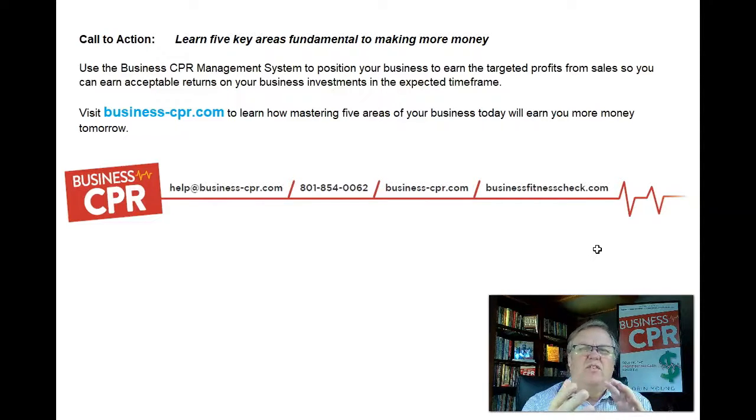And the better you understand the relationships of these 5 elements that make up the business CPR management system, the more likely you are to earn the targeted returns on the investments you make in your business. Because that's the goal. The goal is to make more money on what you're investing in your business than what it's costing you. That's the goal of every business.